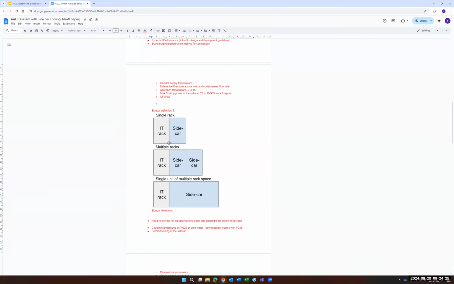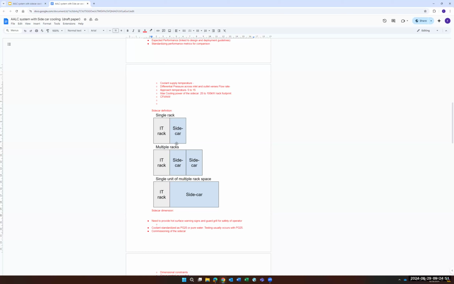So in that scenario, you can put multiple liquid cooling sidecars. But one IT rack might have to be cooled by one or multiple of them based on the density and the requirements of approach temperature, and so on and so forth.